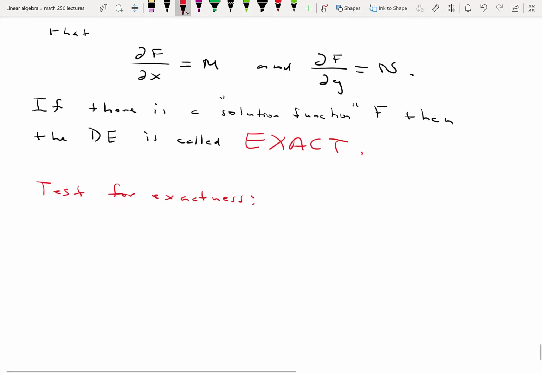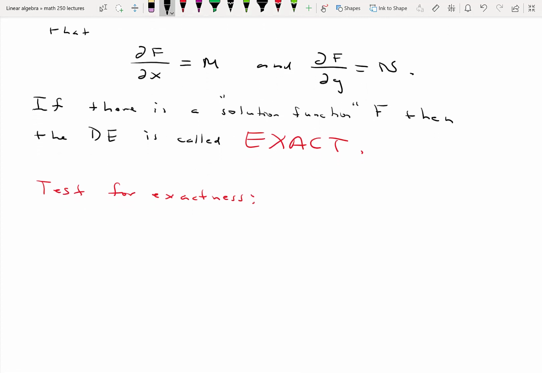I want you to notice a lot of things, I guess, but I want you to notice, if the partial derivative of f with respect to x equals M, and the partial of the same function f with respect to y is N, then let's take some mixed partials. Let's take the mixed partial of the first one with respect to y. It's already with respect to x.